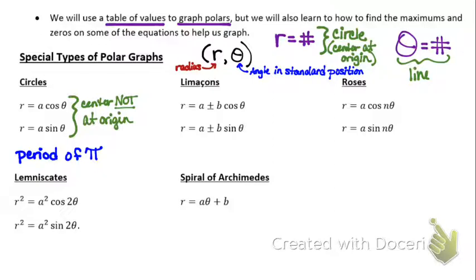And so knowing what the period is going to be is really important, because that tells me how far out I need to make my table. Because once we've gone around our unit circle from 0 to pi, if we keep going around the unit circle, those values are just going to repeat. I'm just going to end up tracing the same circle over and over and over. So I only need to take my table as far as pi for any of our circles.